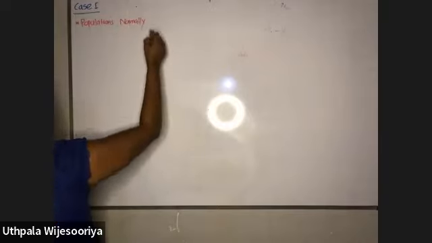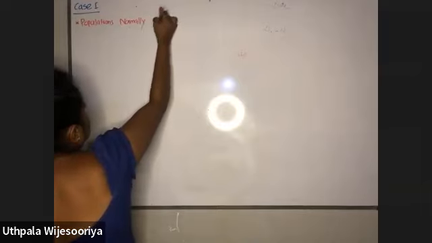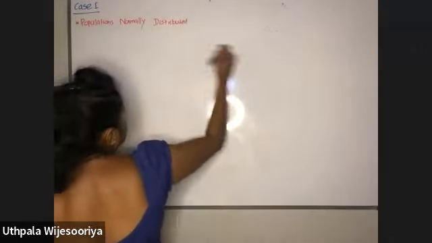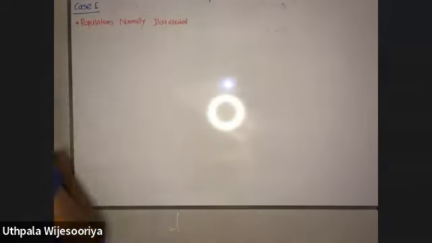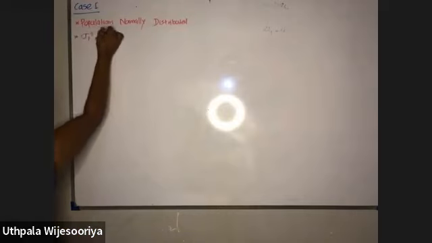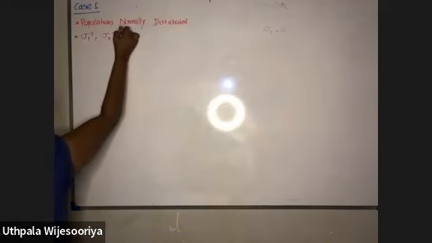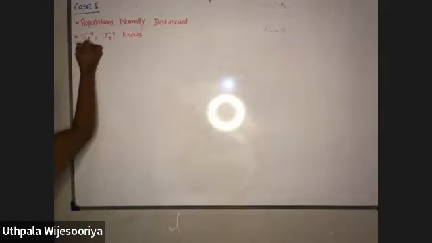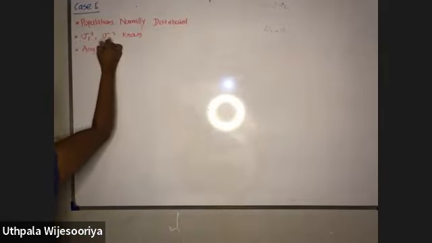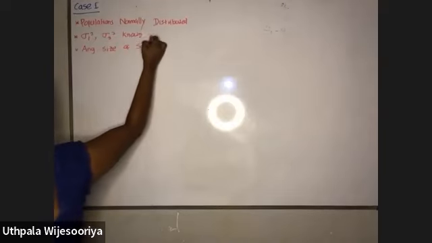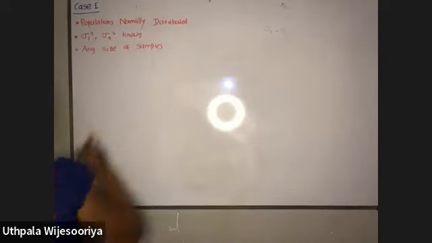Both variances are known, so sigma 1 square and sigma 2 square are known. Any size of samples.